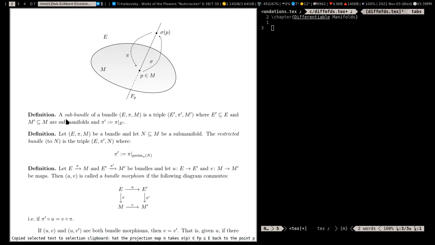So this subbundle, E prime, pi prime, and M prime, is a subbundle in the sense that E prime is a submanifold of E, M prime is a submanifold of M, and pi prime is just pi restricted to E prime.